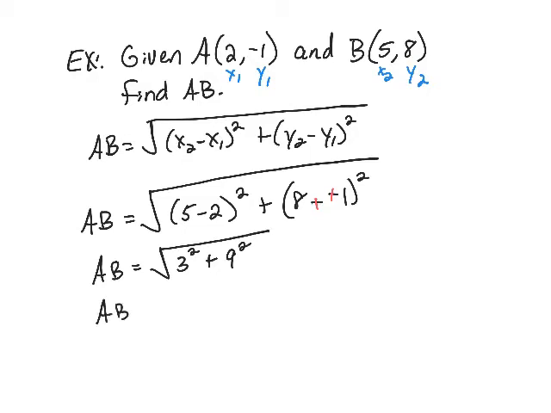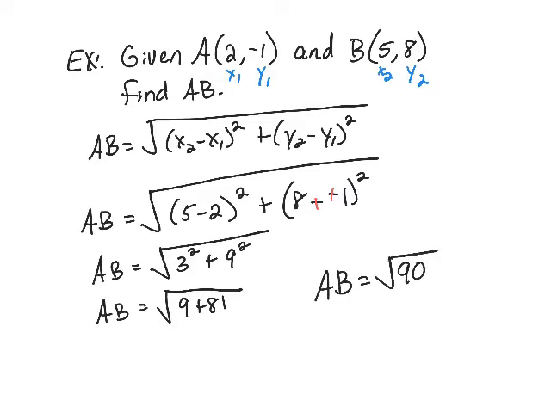You don't have to show every single step when you do it, but you do have to be careful. We'll talk about all the extra stuff in class. This is just getting the formula down for your notes here. 9 plus 81, which means the distance between A and B is radical 90.